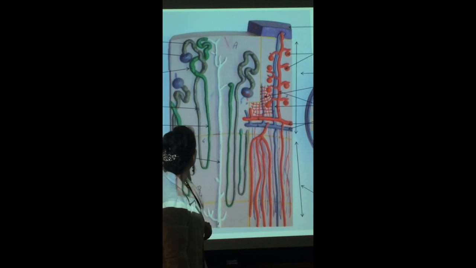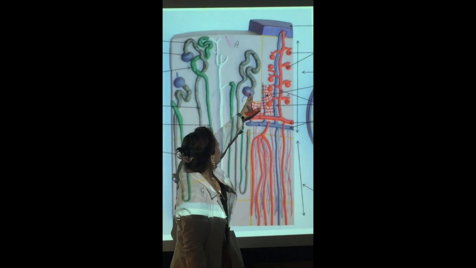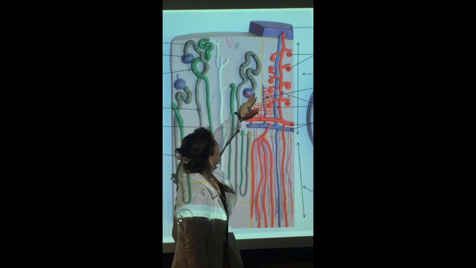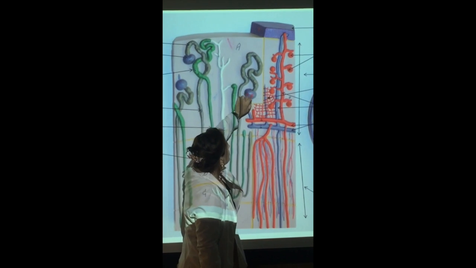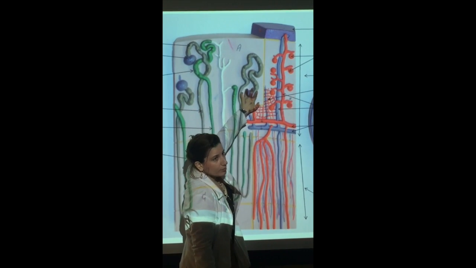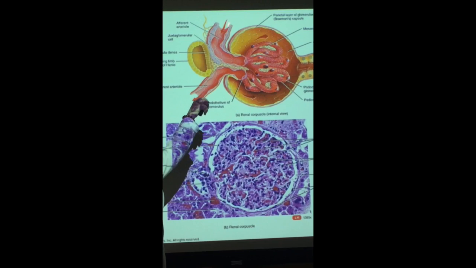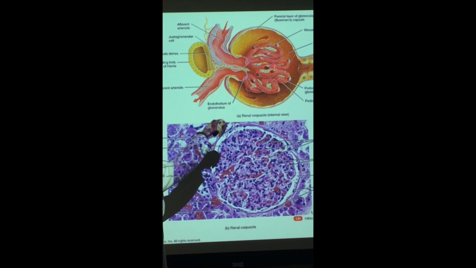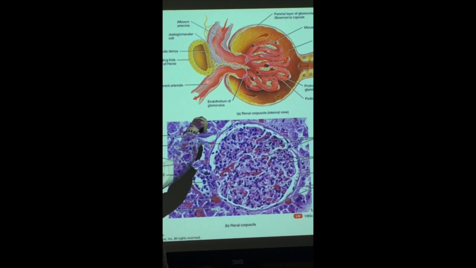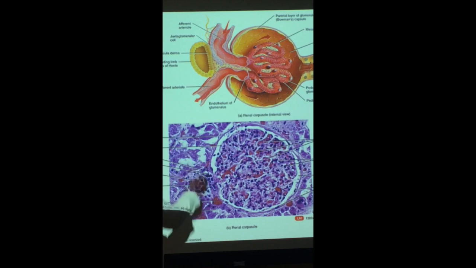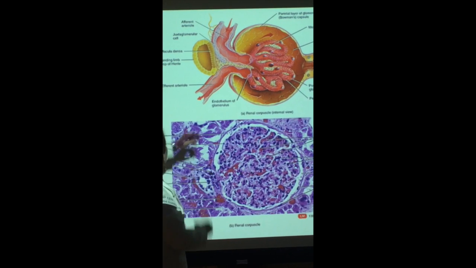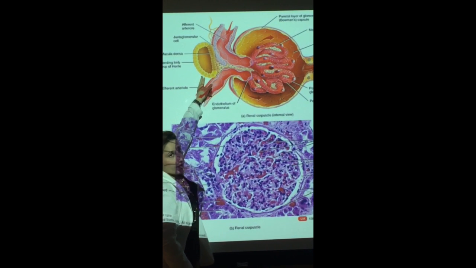Okay. And the glomerulus, because they're showing little red things, is inside the Bowman's capsule, and together it is called a renal corpuscle. They're working together as a unit. Afferent arteriole right here, going into the glomerular capillaries, and then coming out as the efferent arteriole. While you're here, also look at the ascending limb of the loop of Henle.